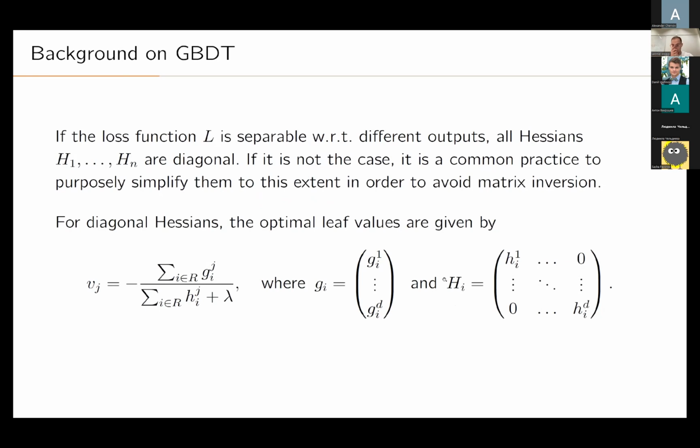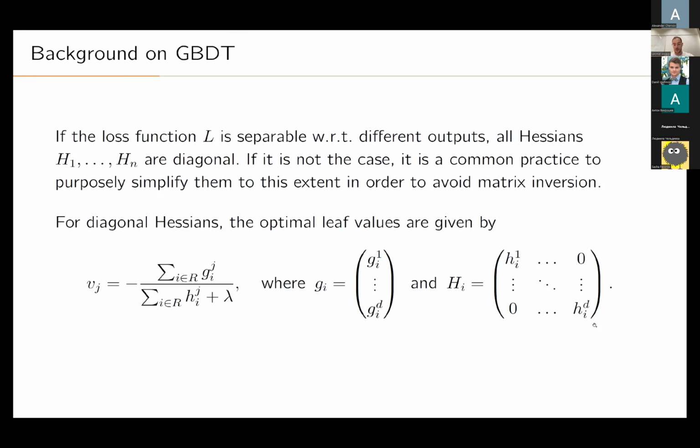Of course, we don't want to do this. It's computationally inefficient, and it scales badly. What is done in most boosting implementations is that we approximate this Hessian with a diagonal one. We keep only the main diagonal of this matrix and set other values to 0 in order not to deal with the matrix inversion.